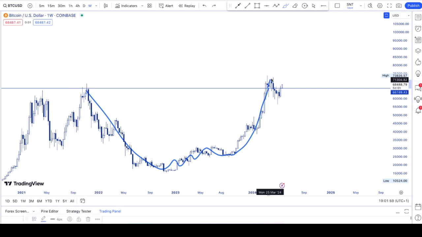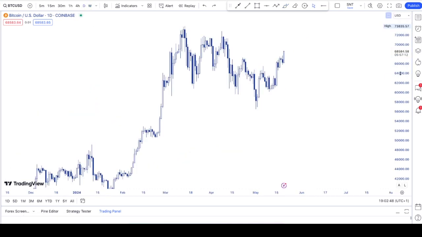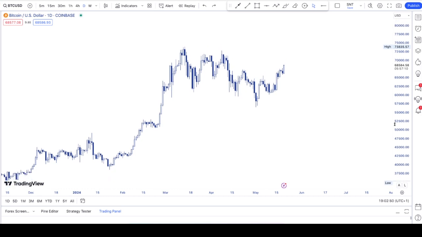Now, as price got above the all-time high, we can see price got back below and got rejected. But what we are seeing now is yet again price getting back above the previous all-time high, and all we need to do is see price break above $75,000 and Bitcoin will be flying to $80,000, $90,000 in no time.